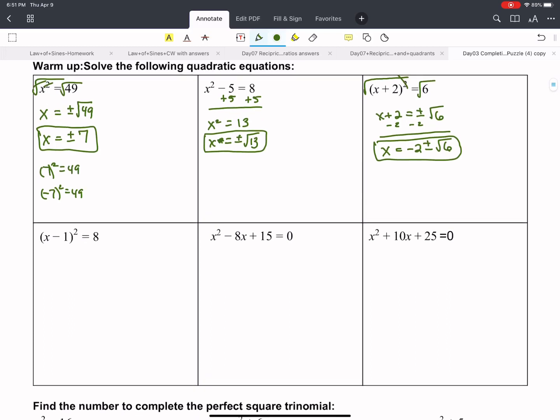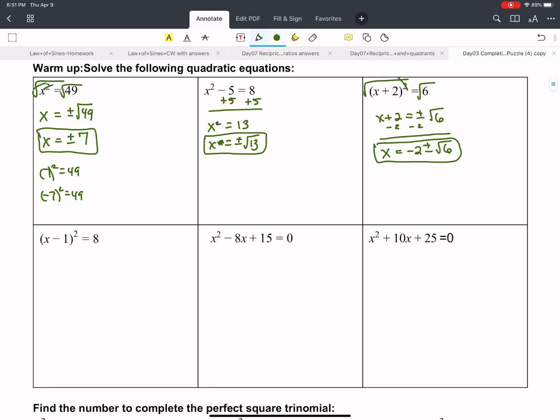So this continues. This one, again, try on your own. You would square root both sides. So you'd have x minus 1 is equal to plus or minus the square root of 8. And then you add 1 to both sides.